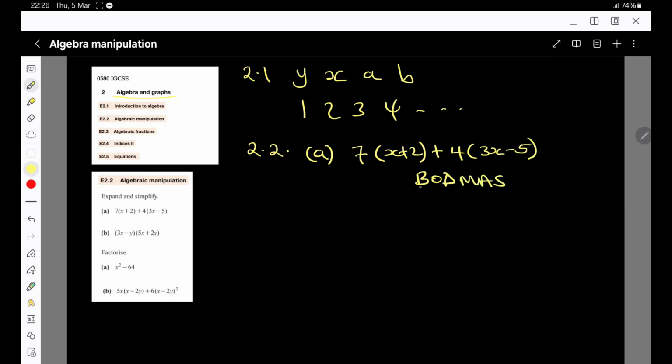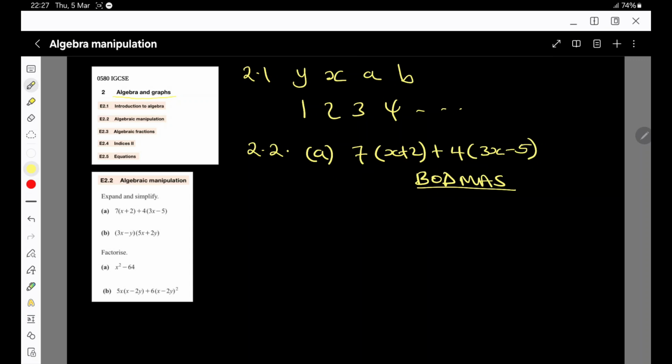And when we are removing the brackets, we always multiply, which is of. So of means multiplication. So I'm going to open this bracket, but whichever 7 meets in, it's going to multiply with it. Whichever 4 meets in the brackets, it's going to multiply with it.